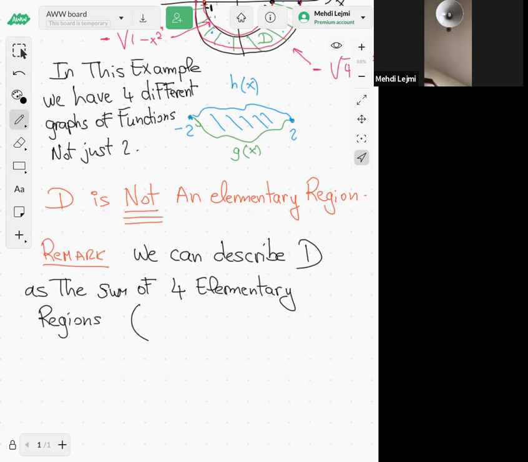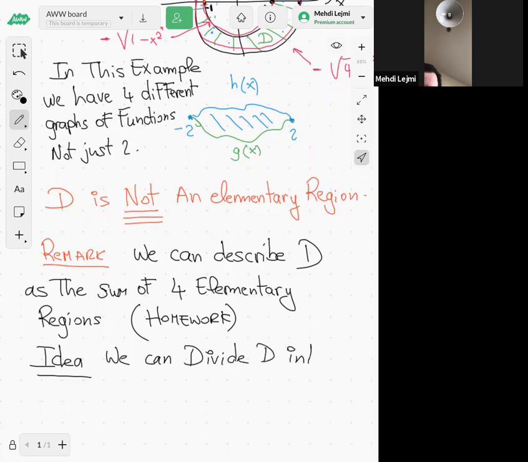So I'm going to leave this for the homework. The idea is to divide D. What I claim here is that we can divide D into four elementary regions.